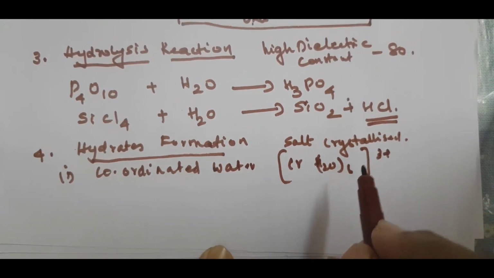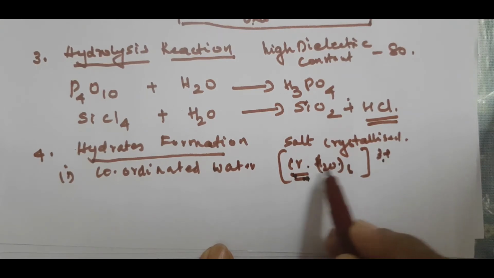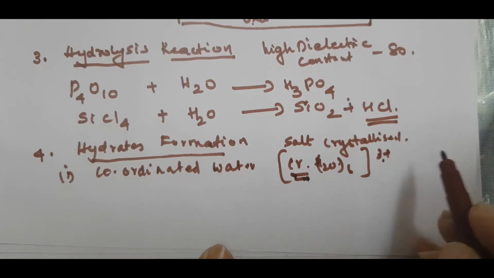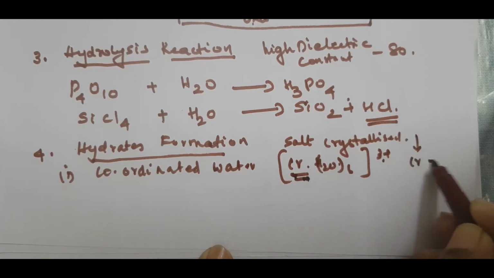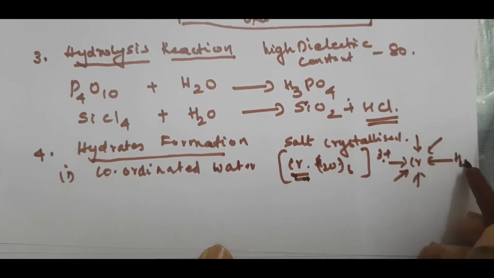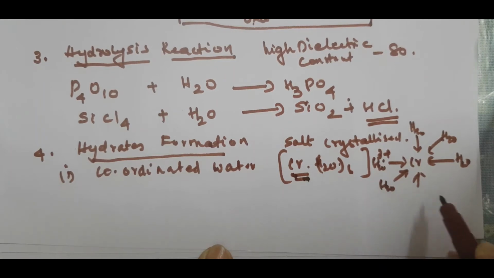In this case, chromium is a metal ion, and the water is getting hydrated and it can be crystallized out. If I draw the structure, you can know well that water is not just dissolved, but it is forming a coordinate bond with the metal. So this is coordinated water.